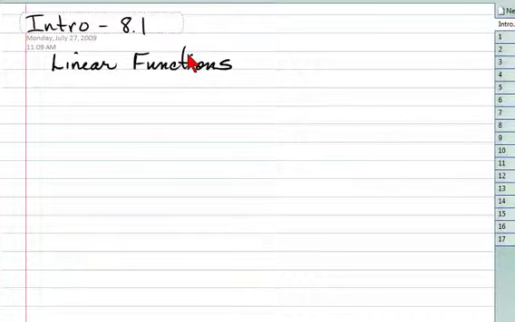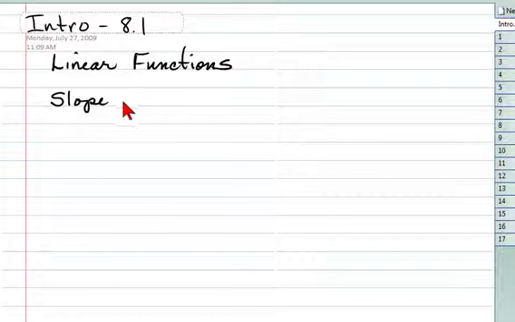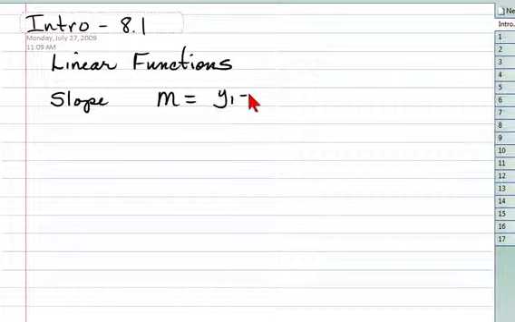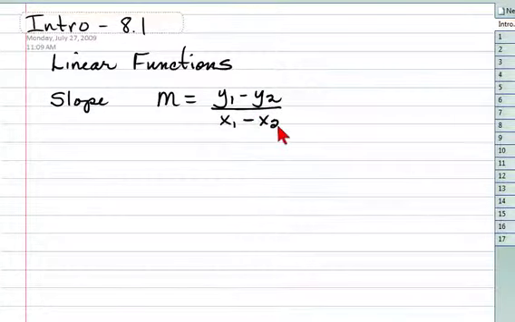From your blue note sheet, you're going to find several formulas that are going to be helpful. You're going to need to be able to find the slope of a line. Usually letter M is used for slope, and it is y1 minus y2 over x1 minus x2.